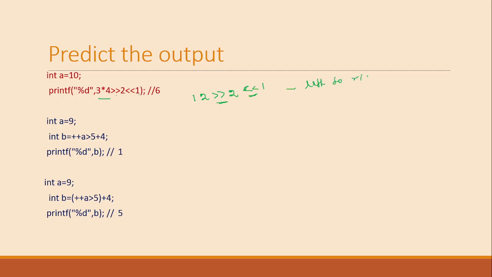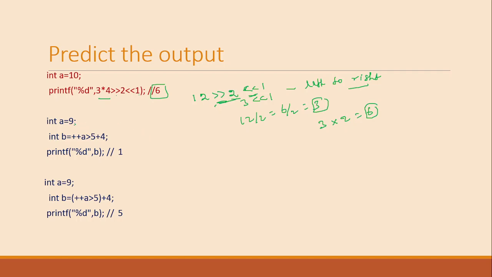When you evaluate left to right, this portion gets evaluated first: 12 divided by 2, two times. 12 divided by 2 is 6 and 6 divided by 2 is 3. Now we apply the left shift operator to this 3. Left shift means multiplied by 2 one time. So 3 into 2 is equal to 6. So the answer is actually 6 in this case.